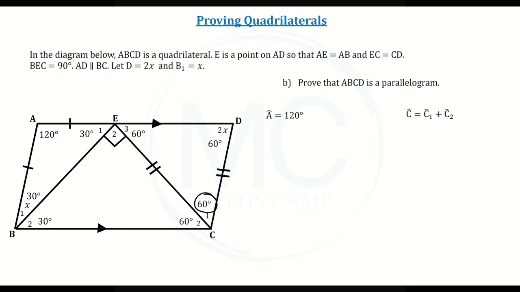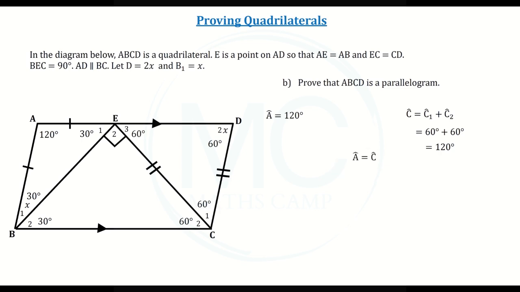C1 and C2 are both 60 degrees. So we can say 60 degrees plus 60 degrees gives us a total of 120 degrees. Angle C and angle A are both 120 degrees. So we can make a note that angle A is equal to angle C.